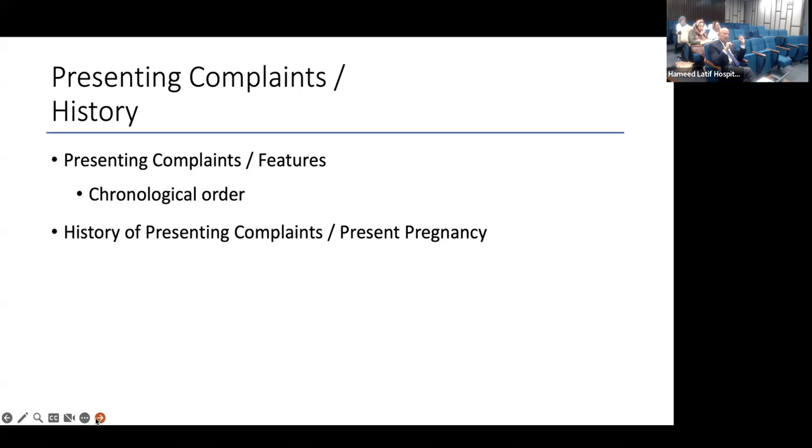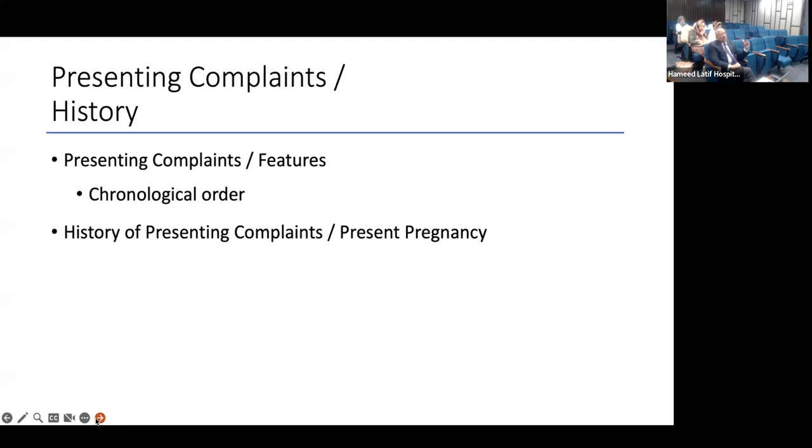First, you have to refer to the last menstrual period, and then you establish that there was some kind of diagnosis of pregnancy, either by a pregnancy test or by ultrasound or whatever. And in the meantime, if she also has certain features of early pregnancy, then you would present that. So you start from there and then go on with, depending upon at what stage of the pregnancy you are making this presentation.